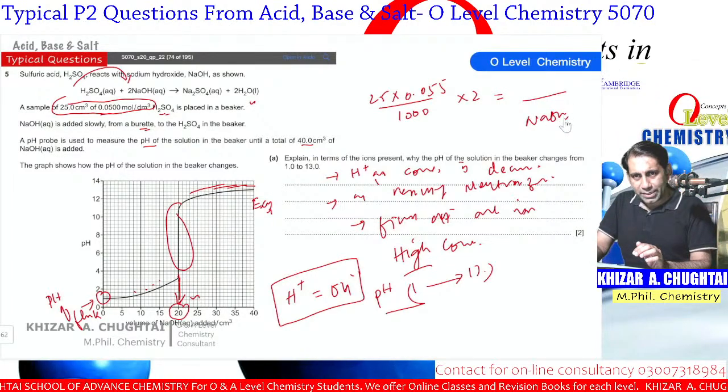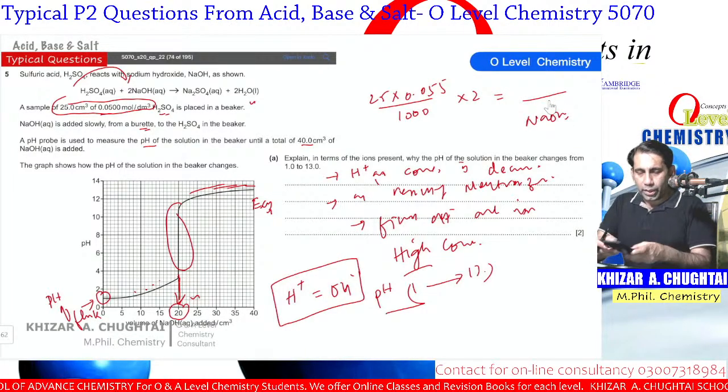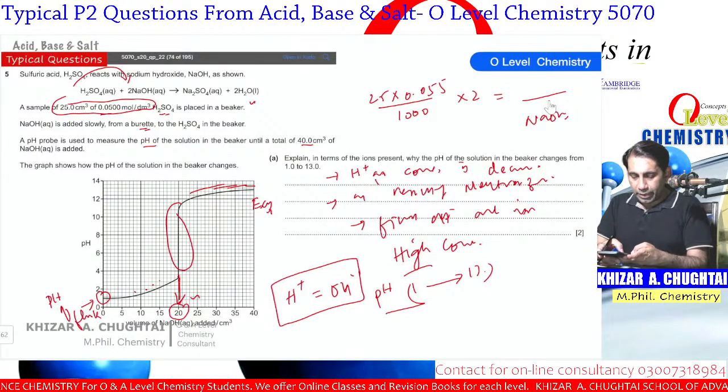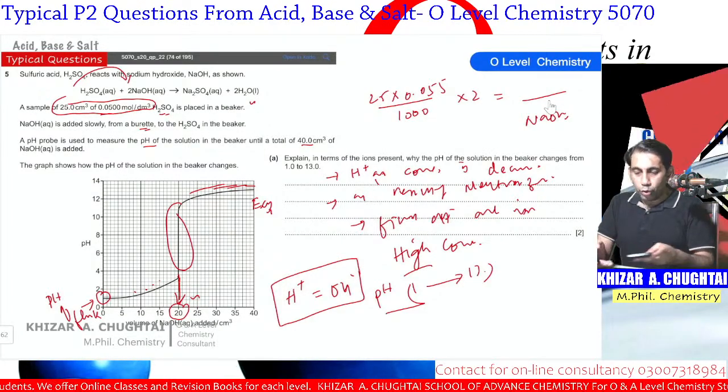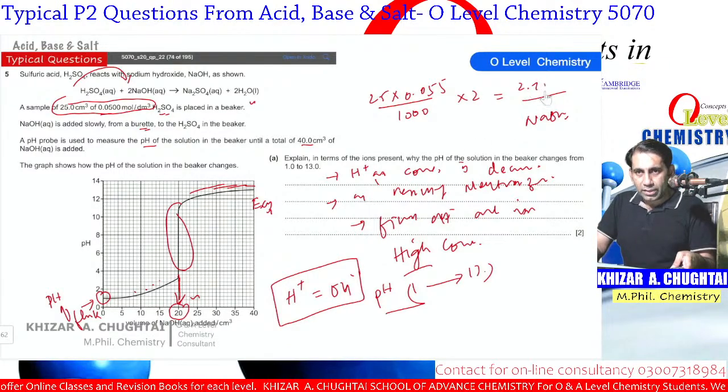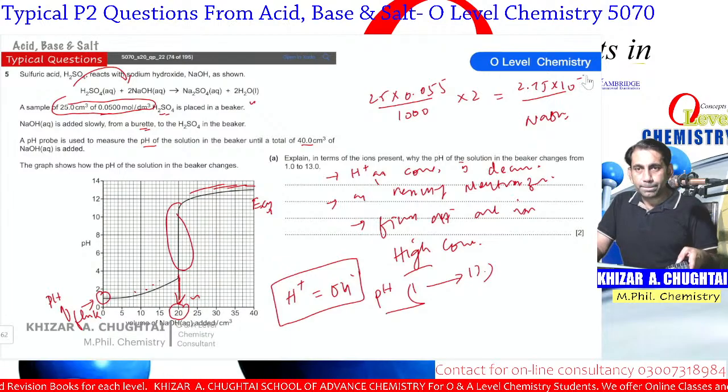In short, I am going to write it over here: 25 multiplied by 0.055 into 2 divided by 1000, if I'm not wrong, is 2.75 into 10 raised to the power minus 3.